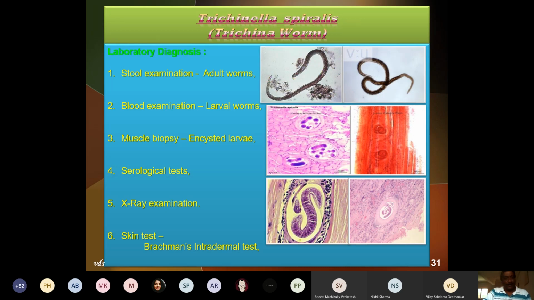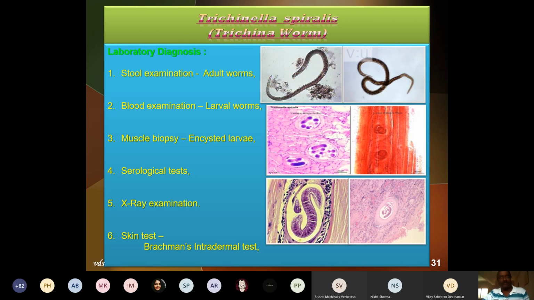For the laboratory diagnosis, stool examination can be done. We can observe the adult worms because they are dead immediately after fertilization. The female worm remains burrowed into the mucous membrane, so it may not be observed at times. Blood examination, observe for the larval worms in the blood circulation. Muscle biopsy, observe for the encysted larval form.